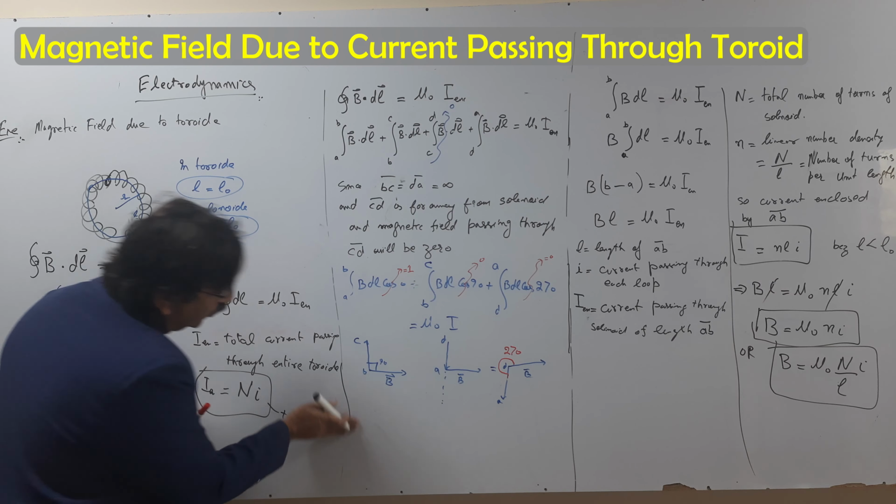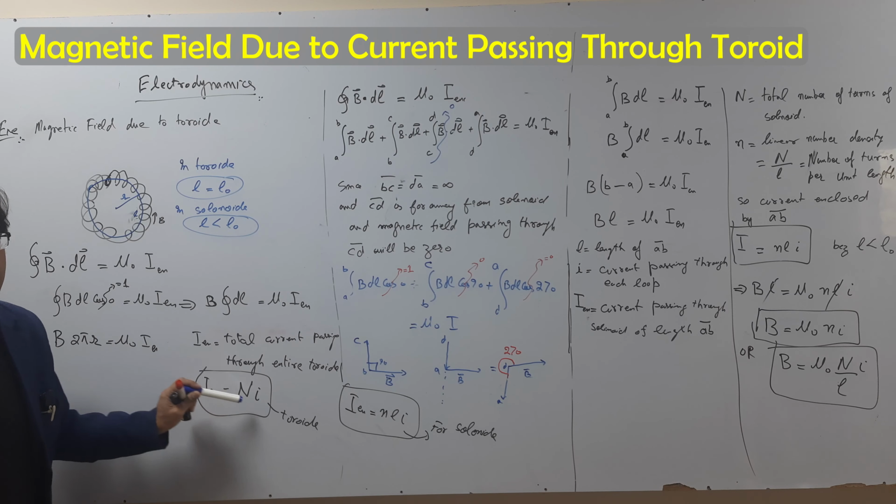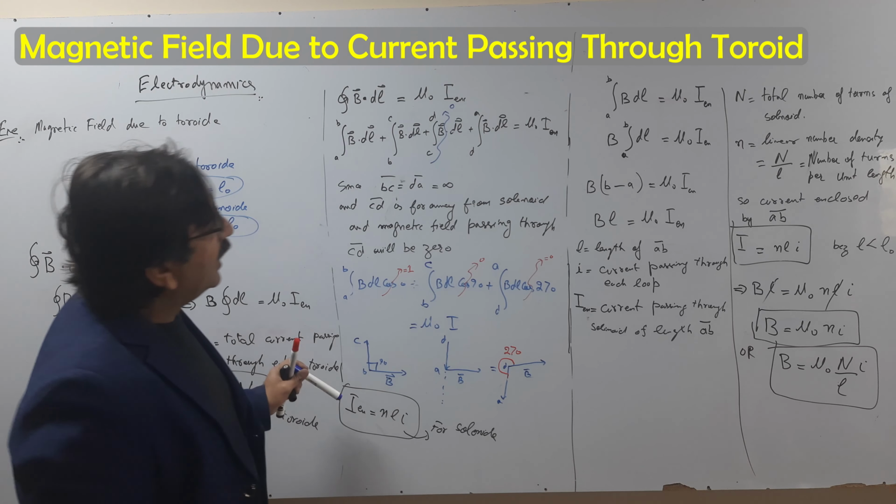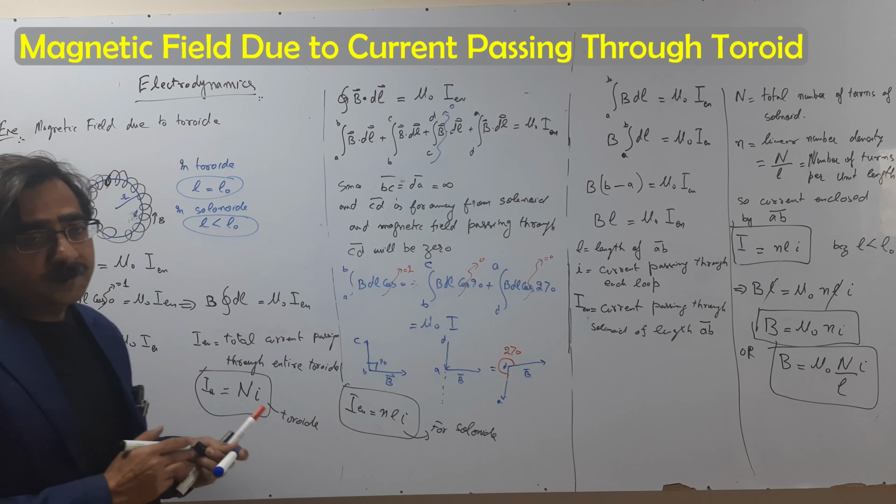But for a solenoid it is n L I, for a toroid it will be N I. And I have already explained N is the total number of turns.